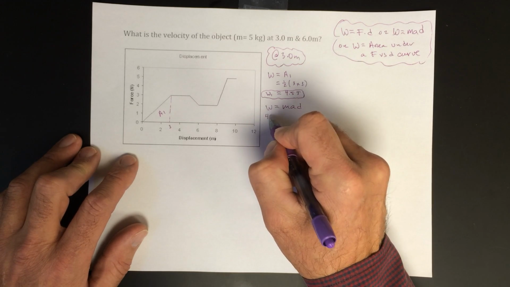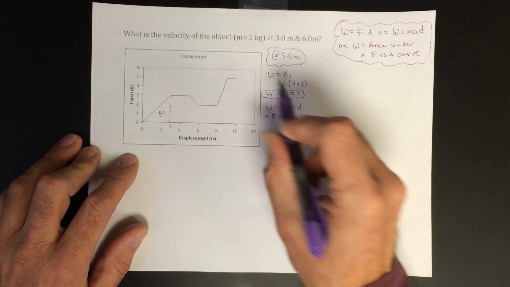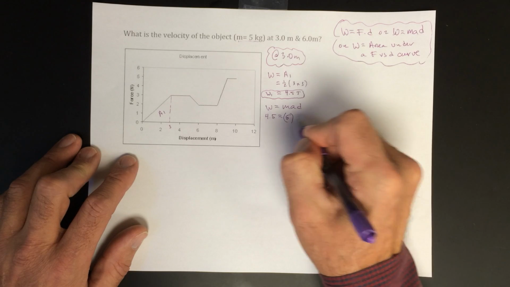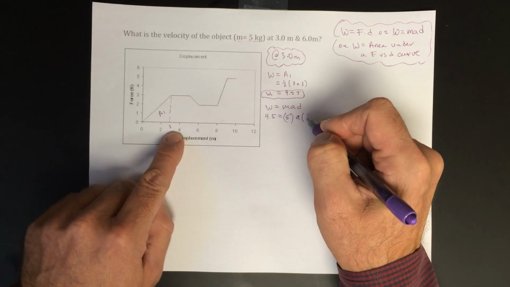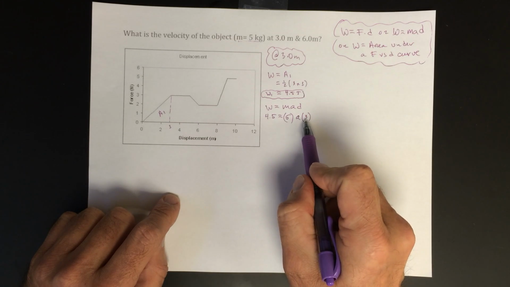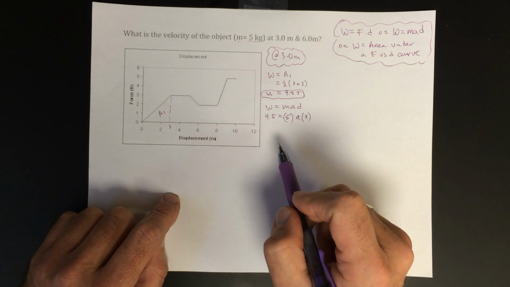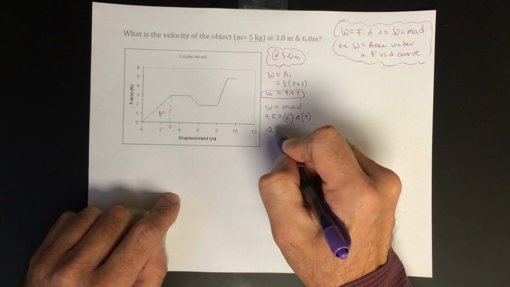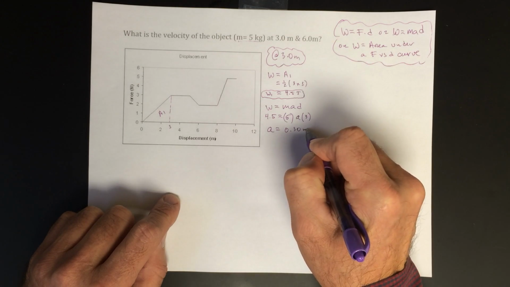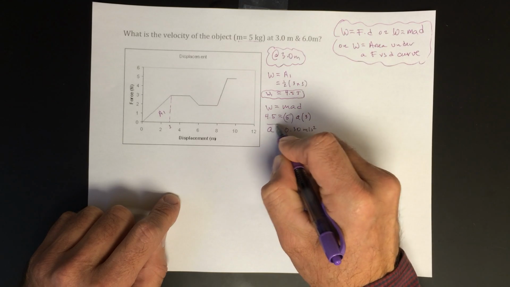Work is 4.5. The mass is given as 5 kilograms. And the distance is 3. So 5 times 3 is 15. 4.5 divided by 15, A is equal to 0.30 meters per second squared.